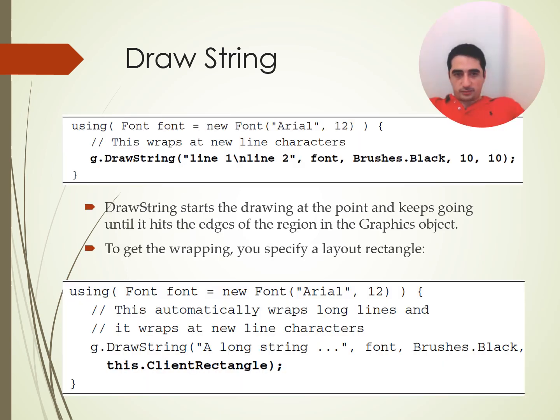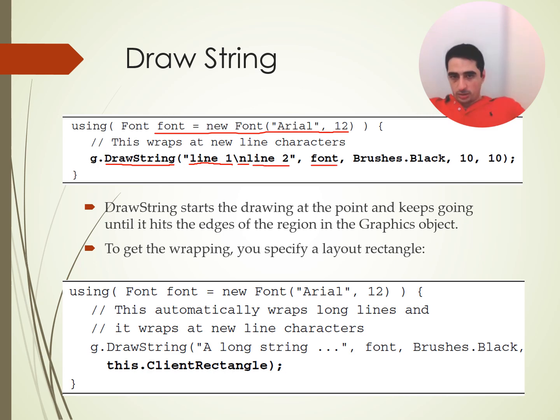Here's an example of drawing a string. We basically create a font, let's say the font Arial and 12, and then we use the graphics DrawString method to draw a string. In the first line we have line 1, and then a new line, and the second line we have line 2.